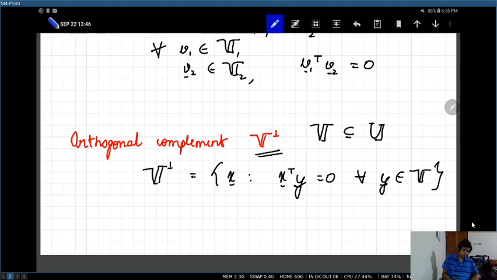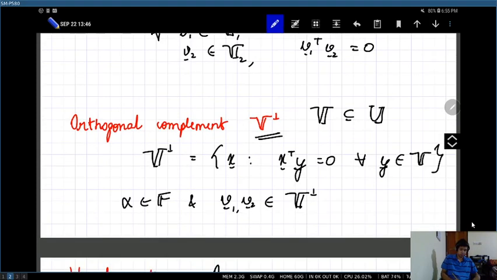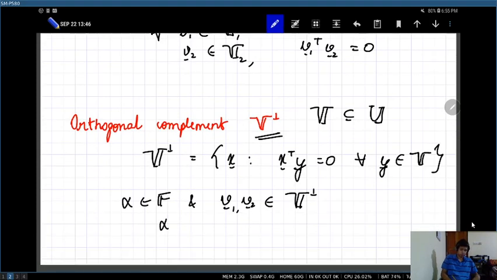All you need to do is show that for every scalar alpha in the field and vectors v1, v2 in V perp, the following must hold. No matter how I choose alpha, v1 and v2, alpha times v1 plus v2 should also belong to V perp.